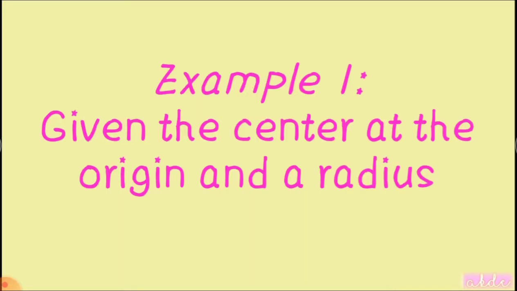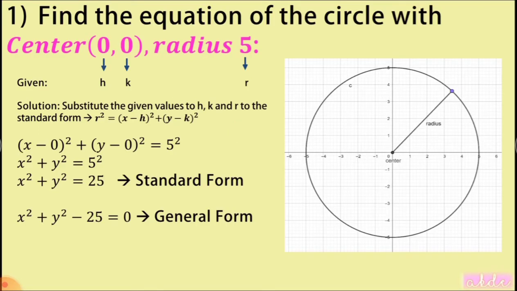Okay, let's try to find the equation of the circle given the center and a radius, given the center at the origin. So number 1, find the equation of the circle with center at 0, 0 or at the origin and radius 5. So we have h 0, k 0 and radius is 5.